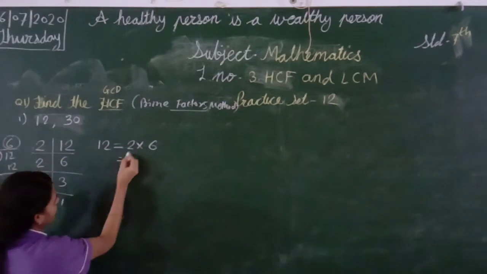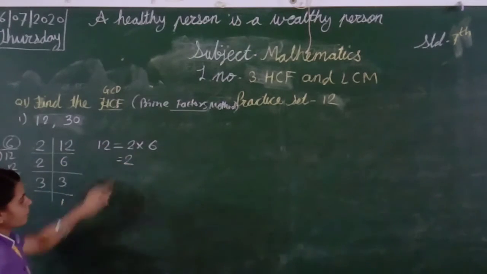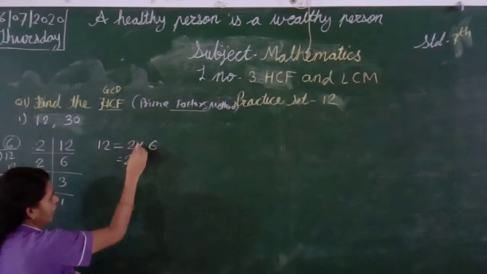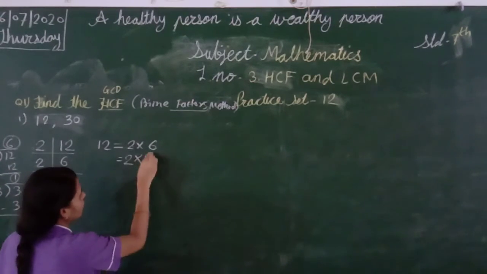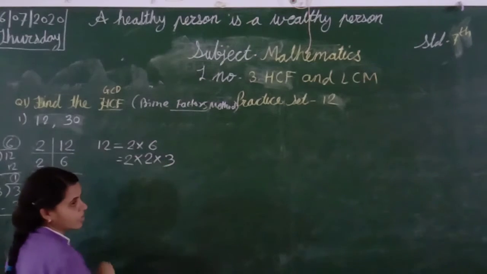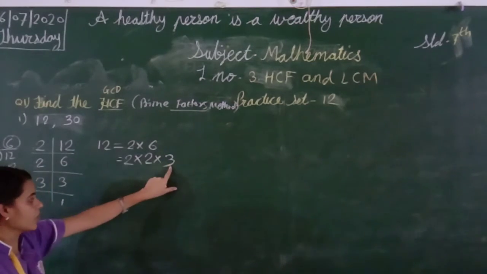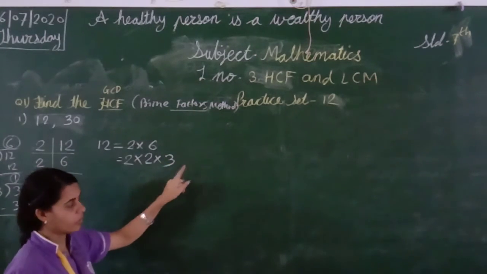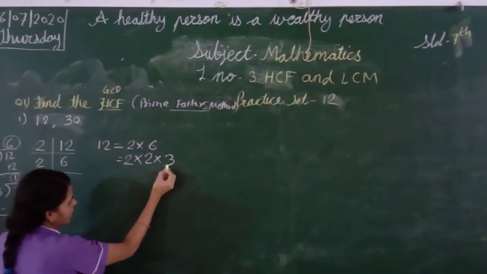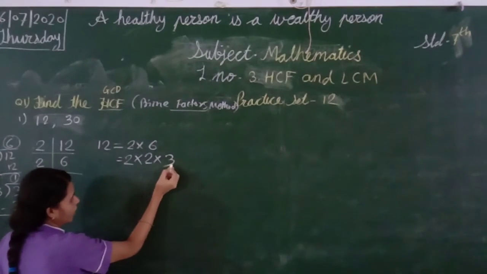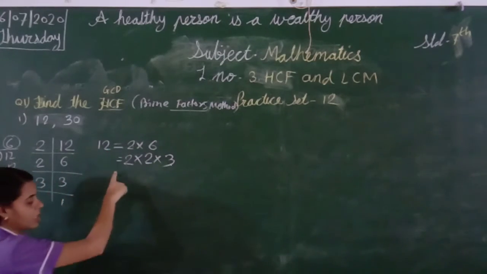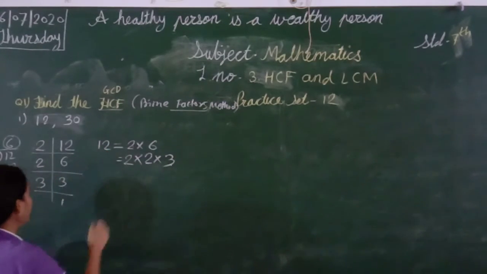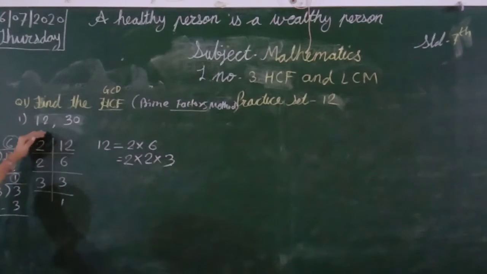Write this 12 like this, and the same factors will come, multiplied. Now 6 means 2 threes are 6. No need to write 1 again. Check your factors: 3 twos are 6, 6 twos are 12. This factor is also correct. Now we have taken out the factors of 12.